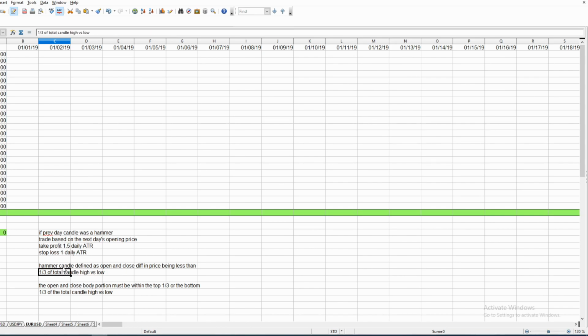And I also need to define what is a hammer candle to me. For your own trading strategy, obviously you define your own conditions, but you have to be very clear. You've got to avoid any ambiguous or unclear rules, because with fluctuating and daily changing market conditions, if you're not very sure, sometimes you might be placing trades that are not in line with your strategy.